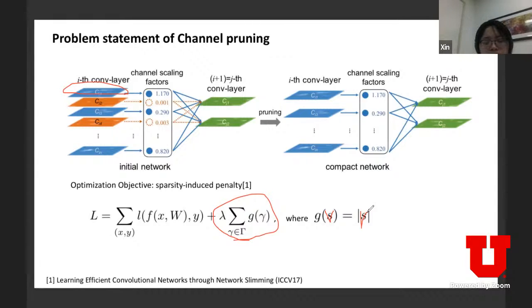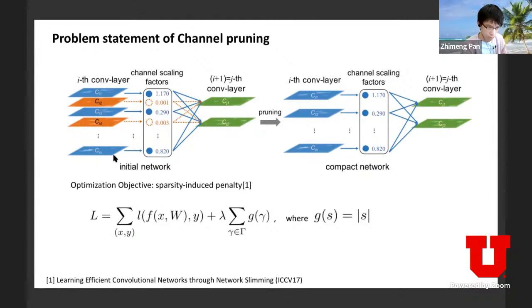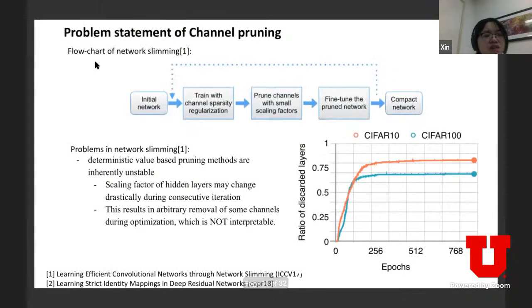So for this method, in this paper, "Learning Efficient Convolutional Networks through Network Slimming", it tries to do the pruning during the training. I will show the flow chart of the network pruning.